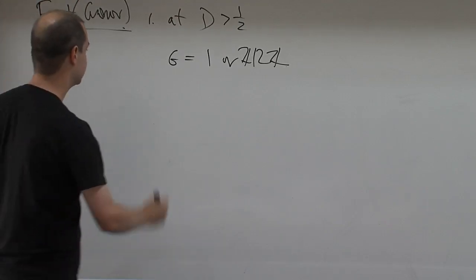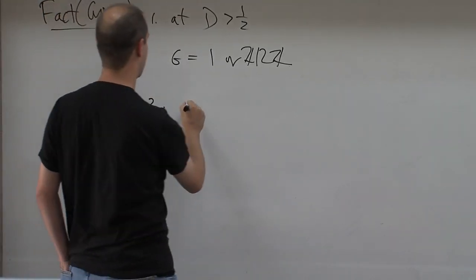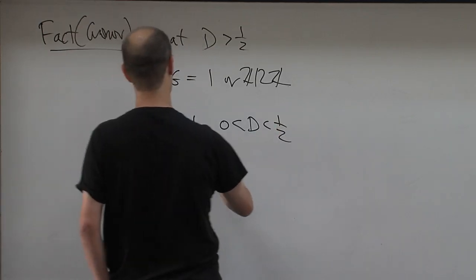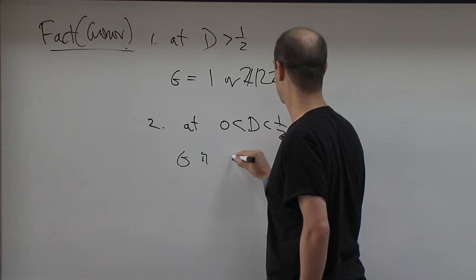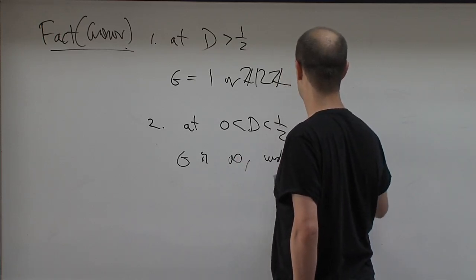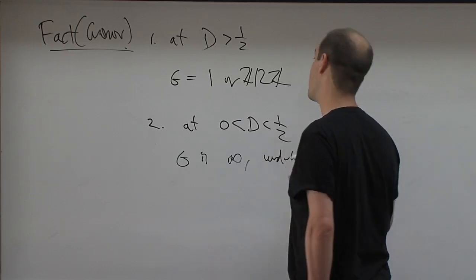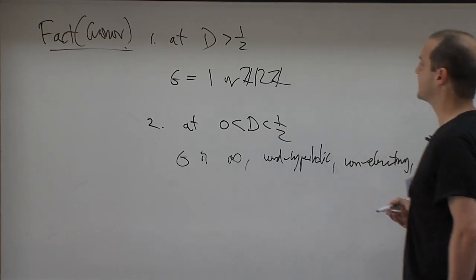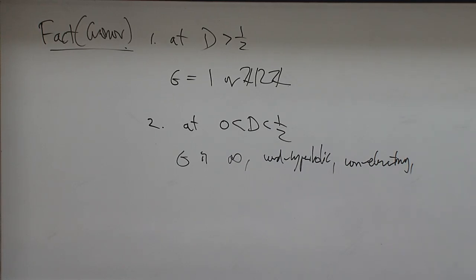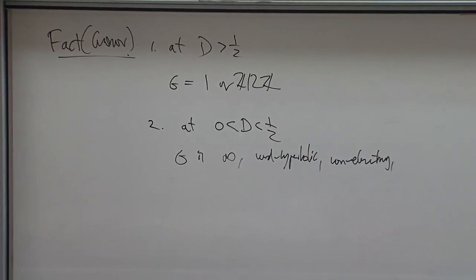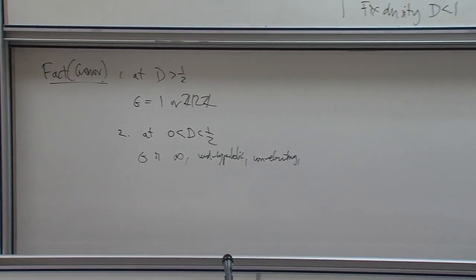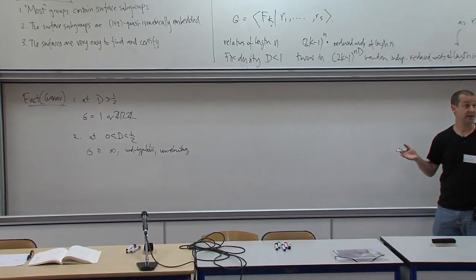He also showed at d less than a half, G is infinite, word hyperbolic, non-elementary, and in fact two-dimensional, by which I mean that there's a finite 2-complex whose fundamental group is G, whose universal cover is contractible. And you ask which finite 2-complex.